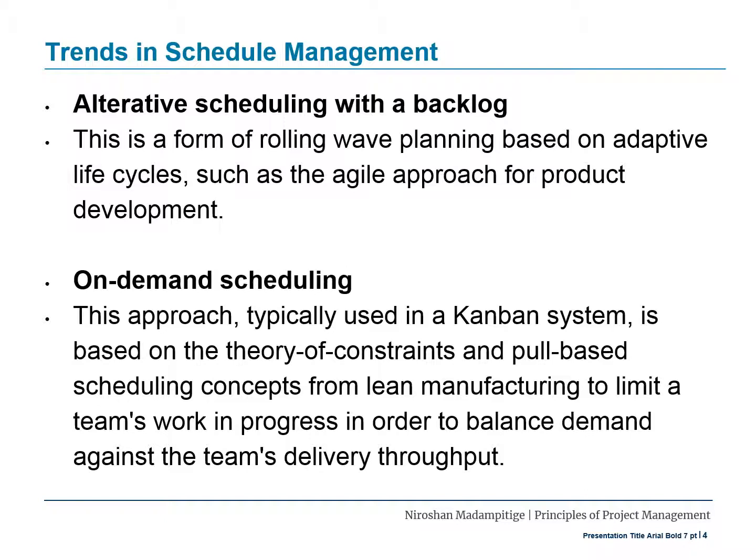On-demand scheduling does not rely on a schedule that was developed previously for the development of the product or product increments, but rather pulls work from a backlog or intermediate queue of work to be done immediately as resources become available. On-demand scheduling is often used for projects that evolve the product incrementally.